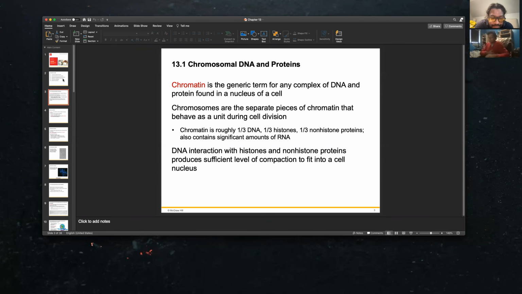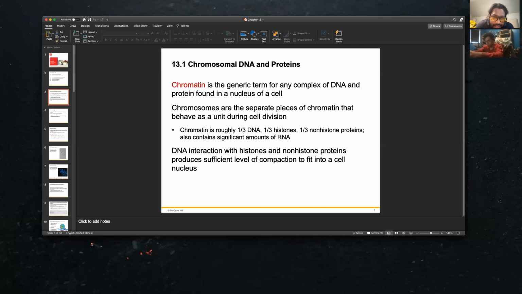A group of, I think, eight histones is called a nucleosome. And this is how gene expression works.